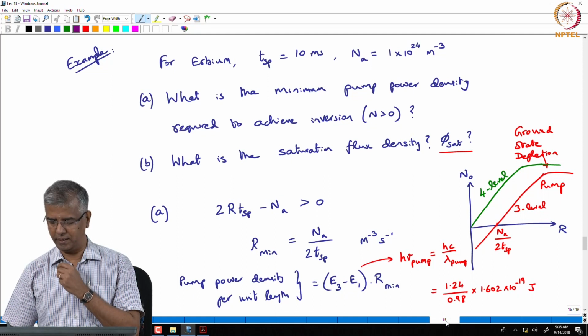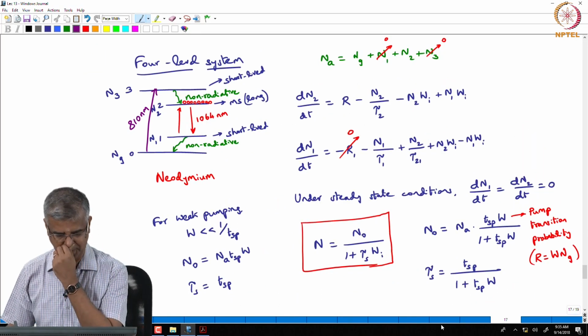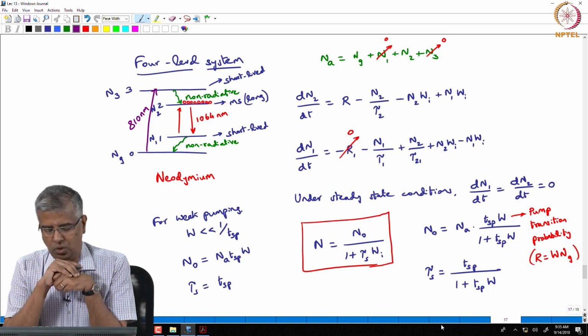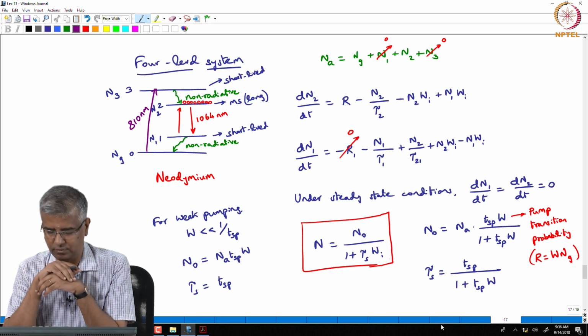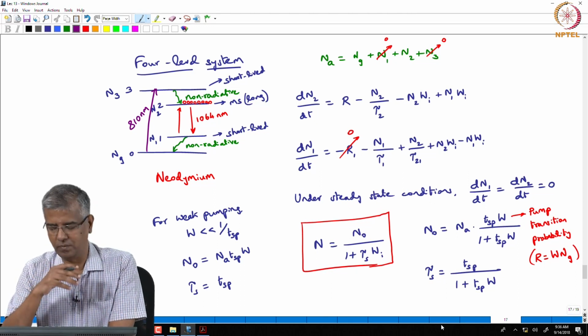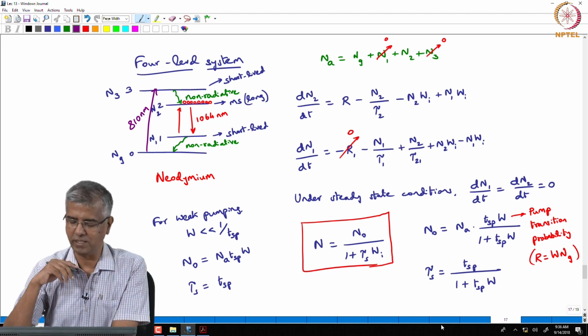So when we were looking at these rate equations, we made one assumption, okay, which is actually not, practically speaking, correct. Okay, what is that assumption?